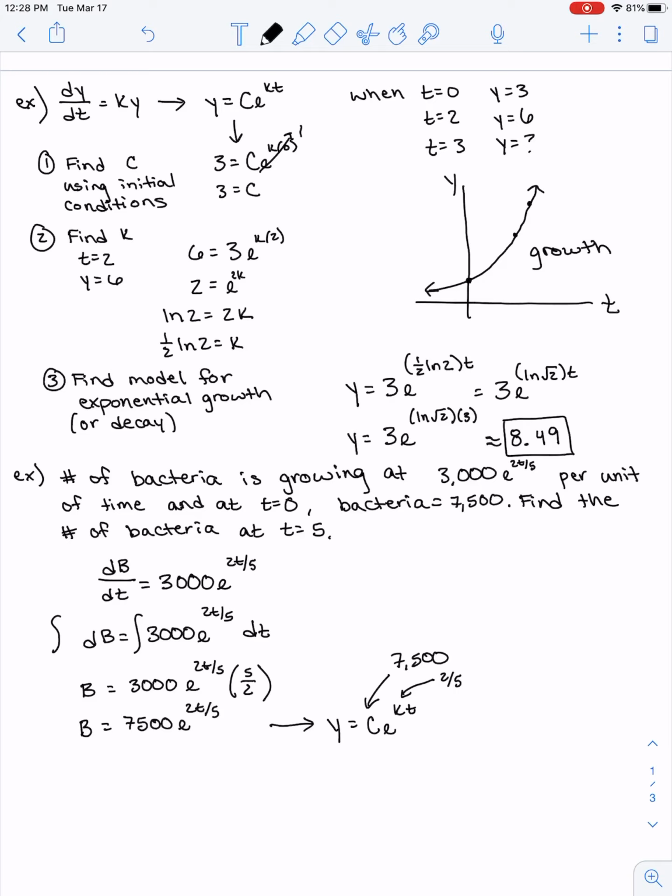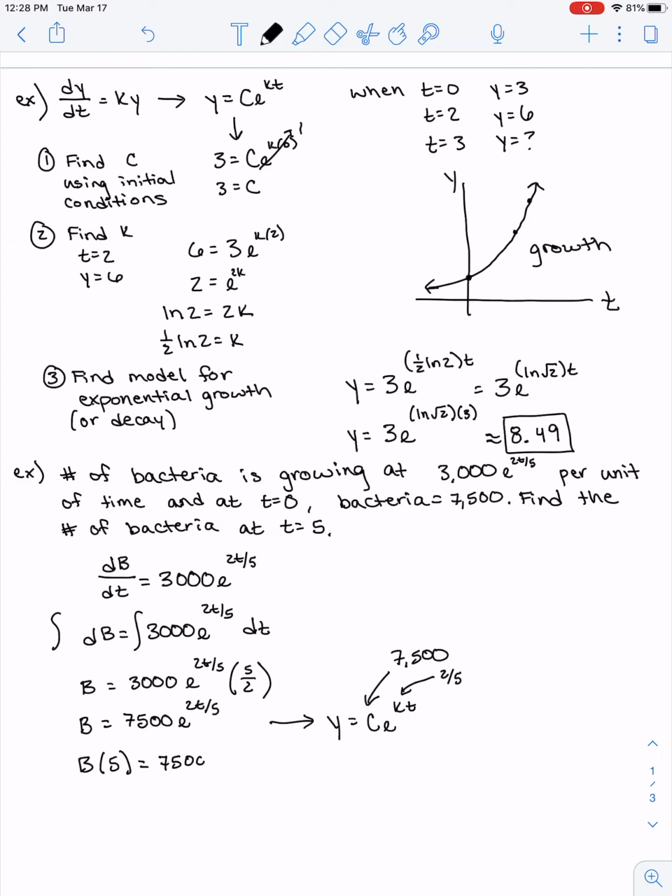So now, if we want to know, okay, what is the number of bacteria at time equals 5, we're going to go ahead and plug this in. We get 7,500 e to the 2 times 5 over 5. So bacteria at time 5 is equal to 7,500 e, the 5's will cancel out, so just essentially e squared.